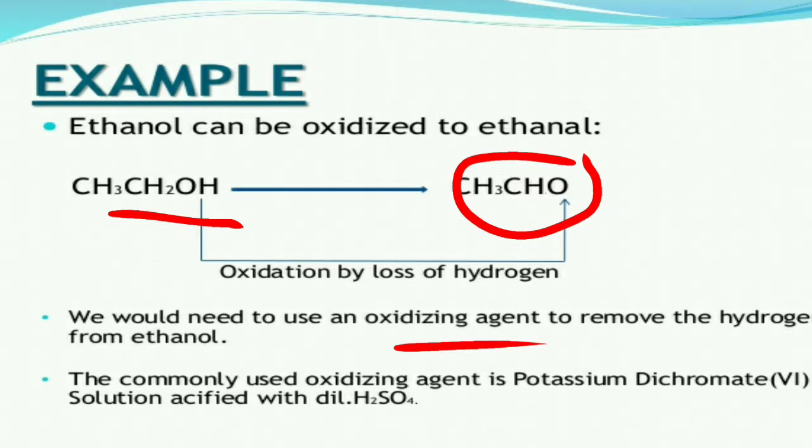Here in this example we need an oxidizing agent for the conversion of alcohol to aldehyde. These oxidizing agents may be potassium dichromate solution acidified with dilute H2SO4. Also for this oxidation we use other reagents.